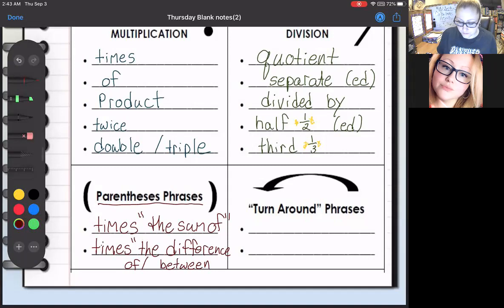And last, turnaround phrases. So that means, again, when I was talking about earlier, when we start those two next to subtraction. So if you need to pause, pause.